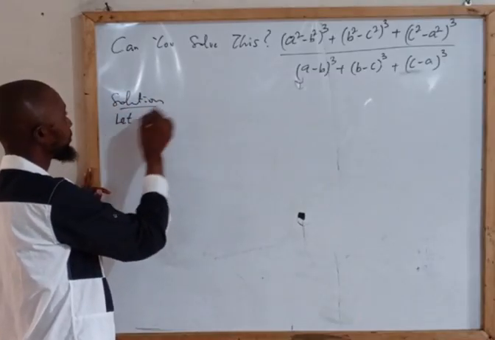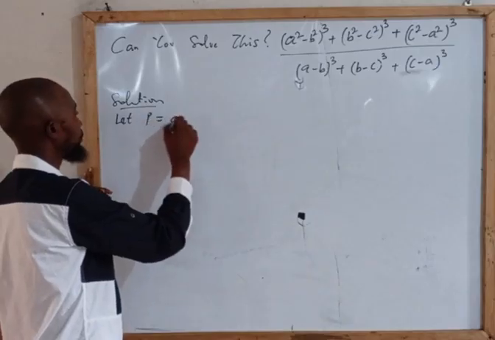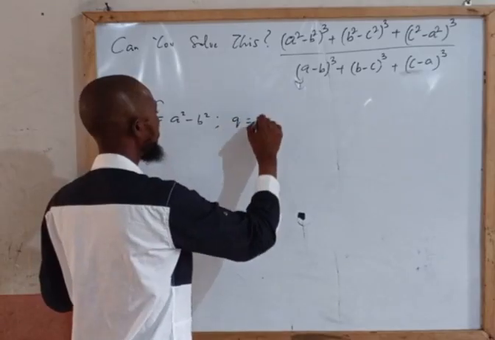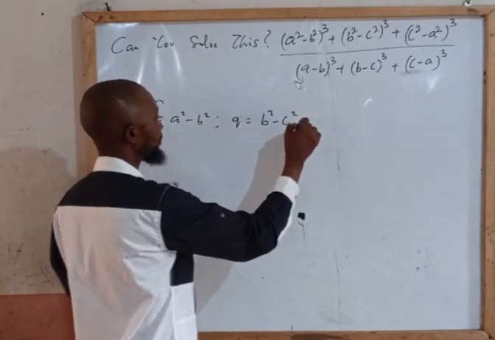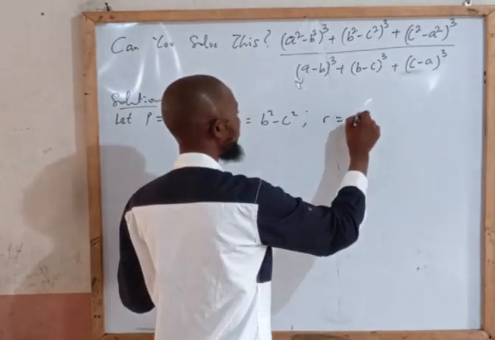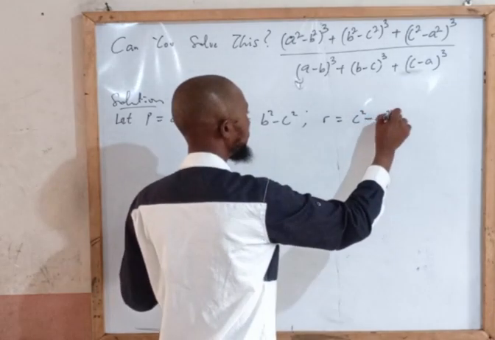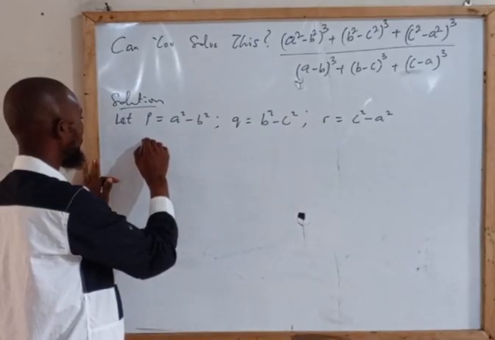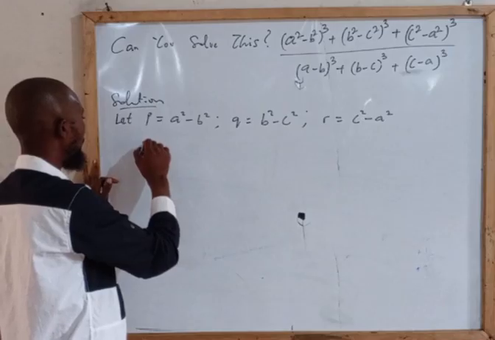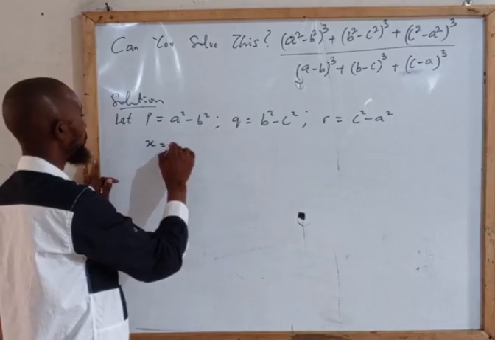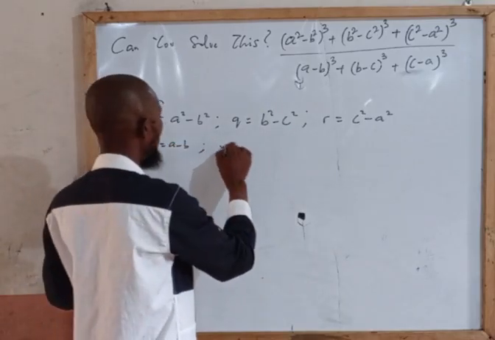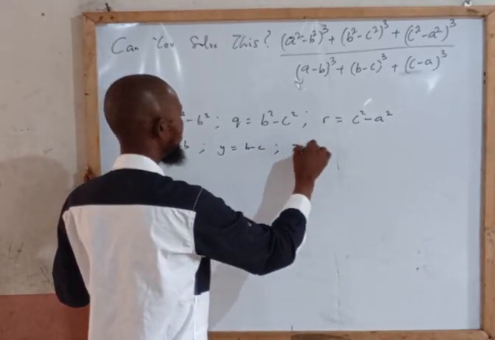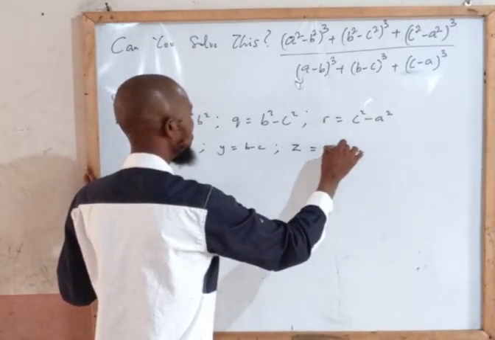So let P equal a squared minus b squared, Q equal b squared minus c squared, and R equal c squared minus a squared. I can also move to the other level by saying x is equal to a minus b, y is equal to b minus c, and z is equal to c minus a.